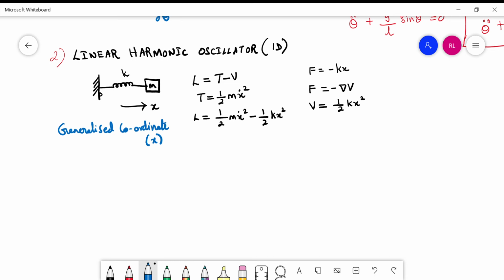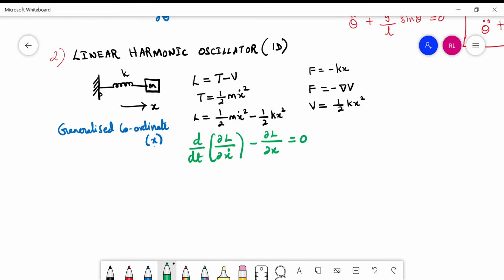With the help of the Euler-Lagrange equation, we can write the equation of motion, right? So for the generalized coordinate x, we'll be writing the Euler-Lagrange equation, which is nothing but d by dt of dou L by dou x dot minus dou L by dou x equal to 0, right?